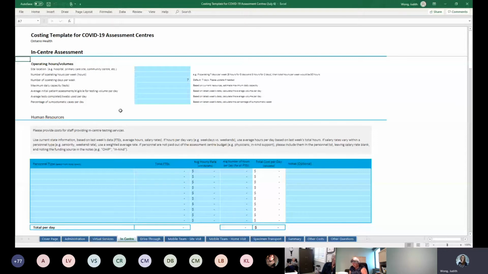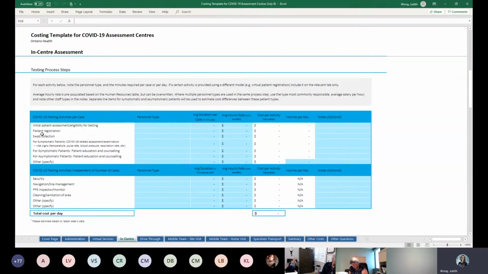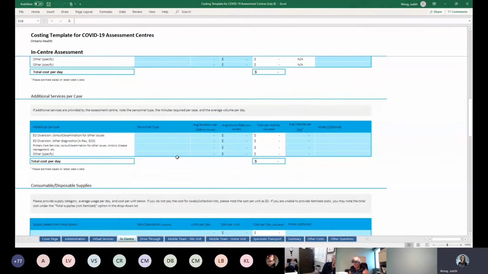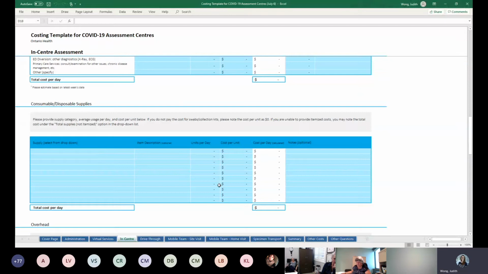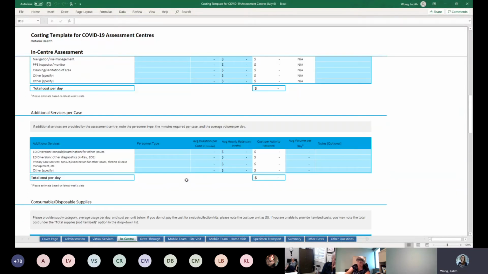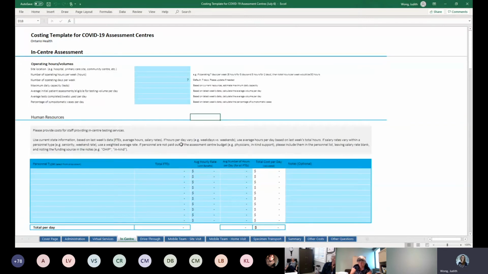Your 2 options are, number 1, if the centers are relatively similar in terms of the information you would report. If, for example, the time for patient registration, the time for swab collection, your security hours, your additional activities and your supplies are similar between the 2 sites, you know, if you have similar cost structures, similar estimates, you can aggregate them together under one.